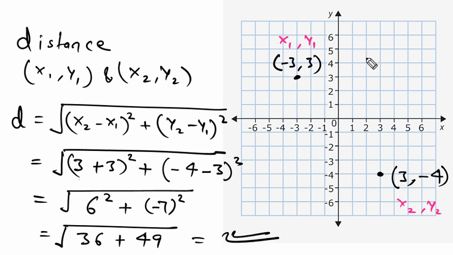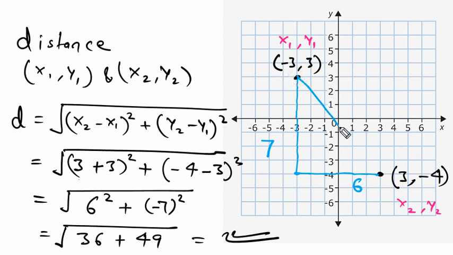So this is how you will find the distance between 2 points on a coordinate plane. Now there is one more way if you want. You can also solve it using the Pythagorean theorem on a coordinate plane. This distance is 1, 2, 3, 4, 5, 6, 7, so this is 7. This is 1, 2, 3, 4, 5, 6, so 6.